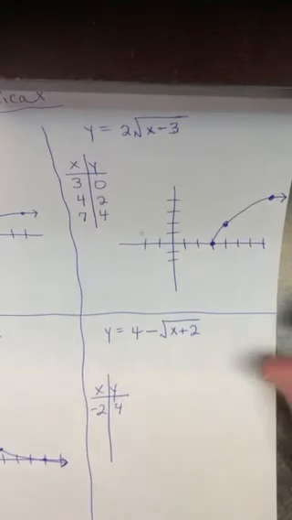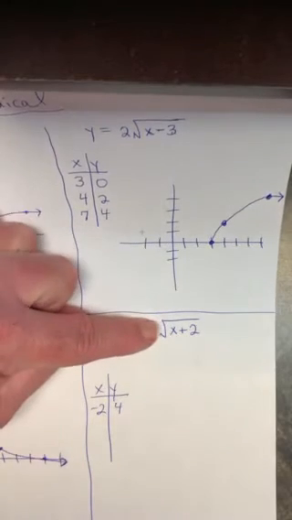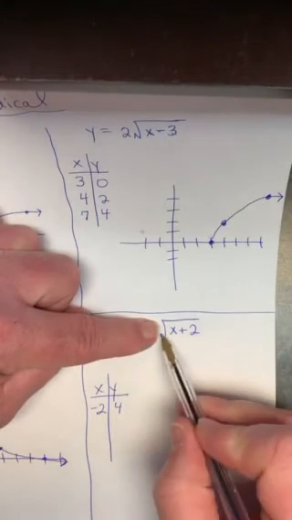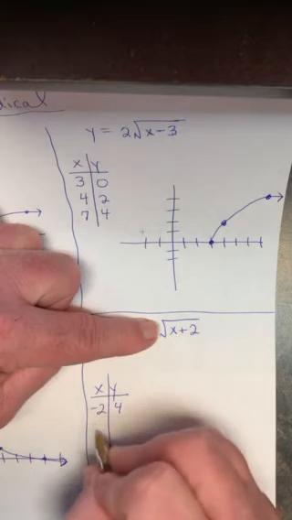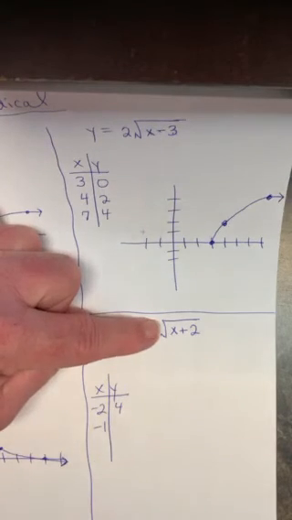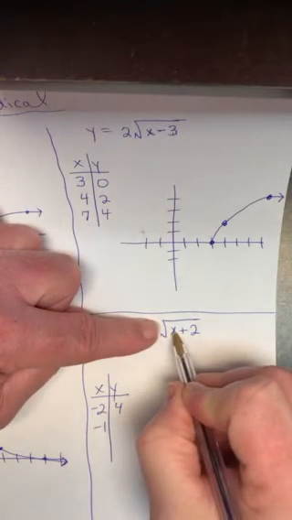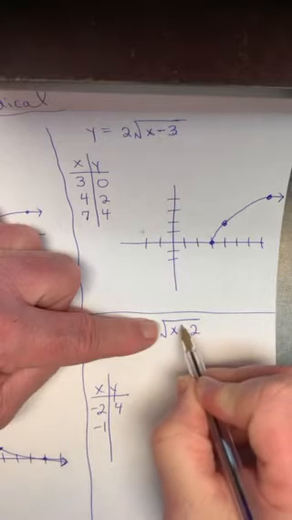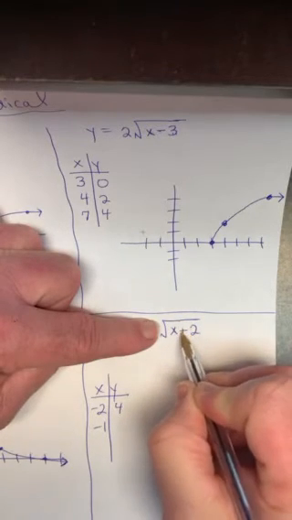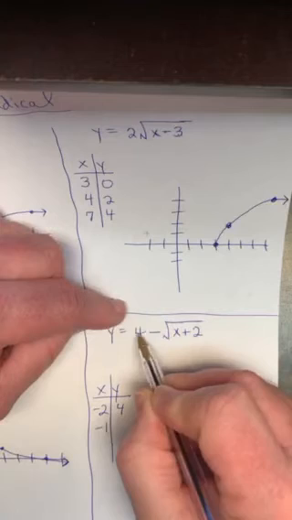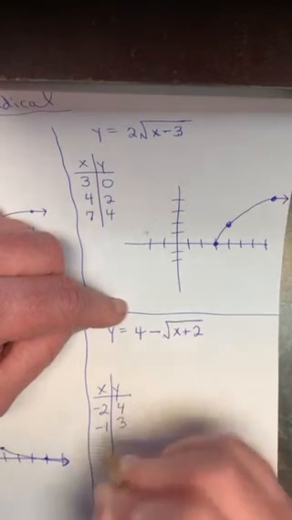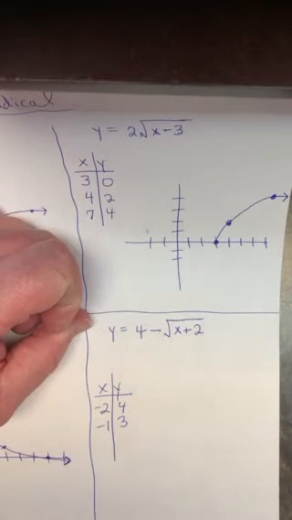There's my starting dot. Now what number do you want to plug in? Instead of saying, I don't know, well, think. Use your brain. Don't I want to create a perfect square under there? So wouldn't -1 make sense? What's -1 plus 2? That'd be 1. The square root of 1 is 1. And 4 minus 1 is 3. This is basic math.